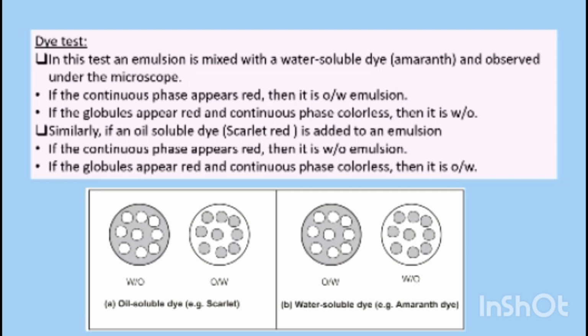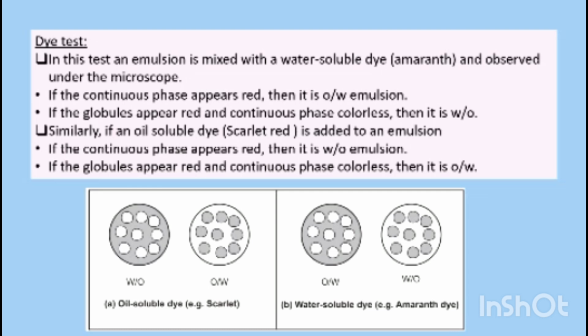Similarly, if we use an oil soluble dye such as scarlet red, which also appears red in color, and it is added to the emulsion and observed under a microscope, and we see that the continuous phase appears red, then we infer that the unknown sample is W by O type of emulsion.